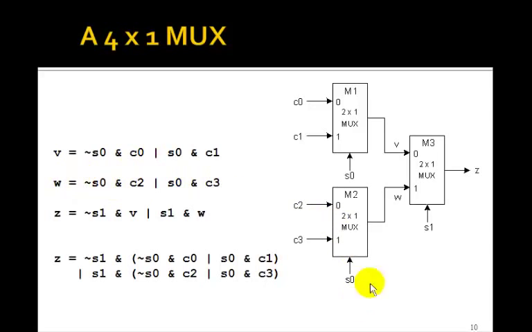Then W, the output of this one, is going to be not S0 and C2, or S0 and C3. And the output Z, now the inputs are V and W, so this is just going to be not S1 and V, or S1 and W.